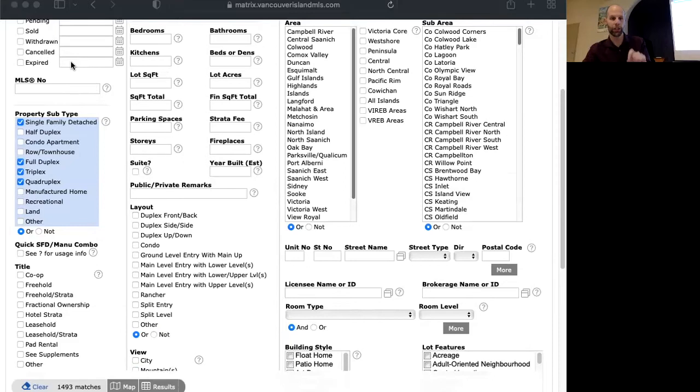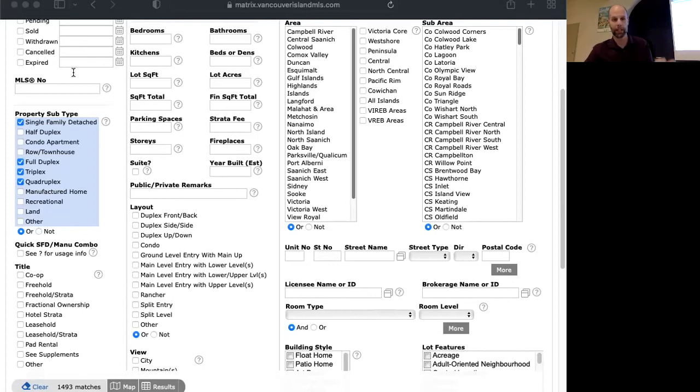So if the agent has checked that box, it will find it, either existing. This will also search if there's 2 or more kitchens. And that's how I actually used to search before this button existed, because many agents would have to put the room dimensions and everything into the listing. And so they would actually list that there's 2 kitchens, but they'd forget to check the additional accommodation box.